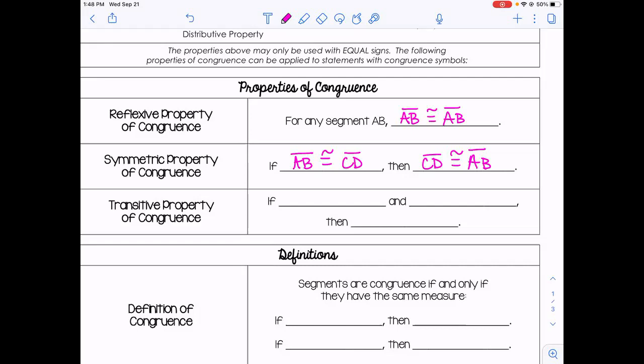The last is the transitive property. If AB is congruent to CD and CD is congruent to EF, then since these two match, AB is congruent to EF.